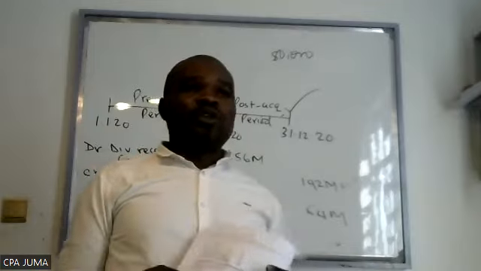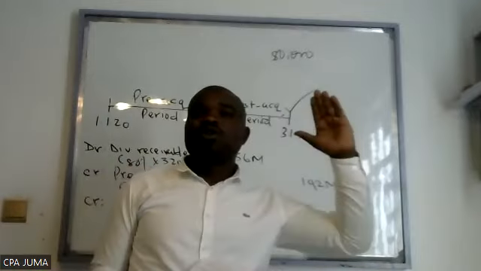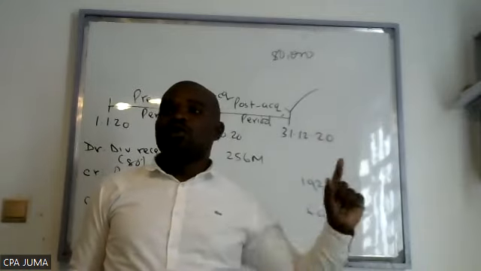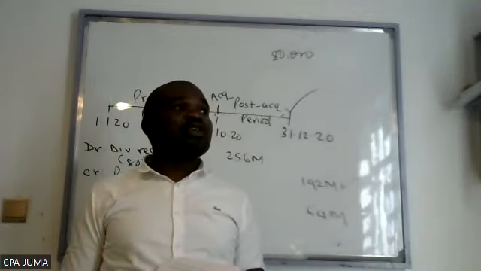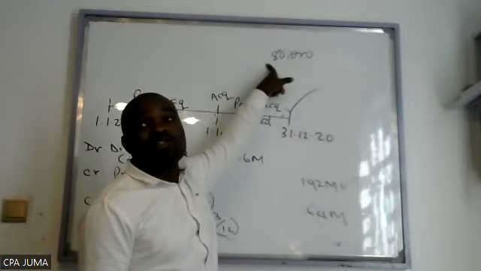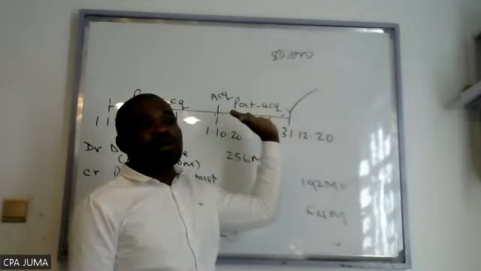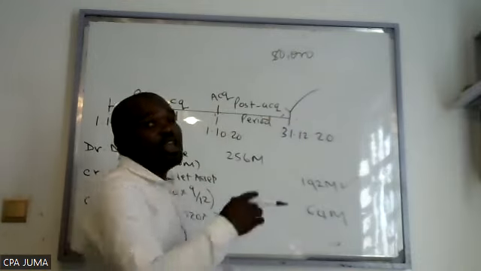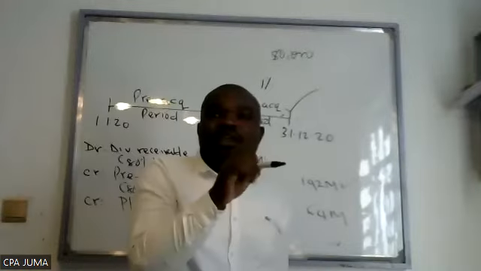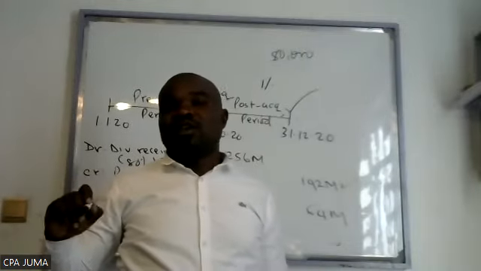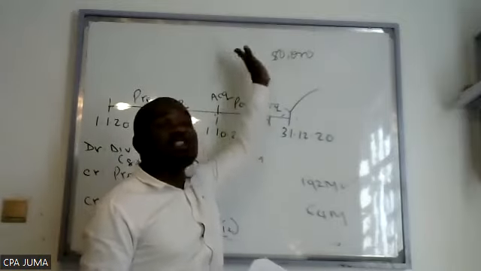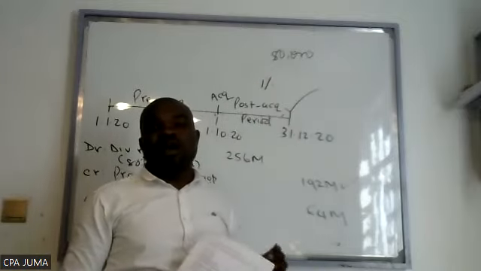So in equity method, you don't consolidate for the operations of the associate, neither do you consolidate for joint ventures. But you recognize your investment at cost, then you increase. As time goes by, when they declare profits, even if you have 1% in that company, you are entitled to 1% of the profit they declare. So you take 1% times the profits, and you increase the 80 as time goes by.